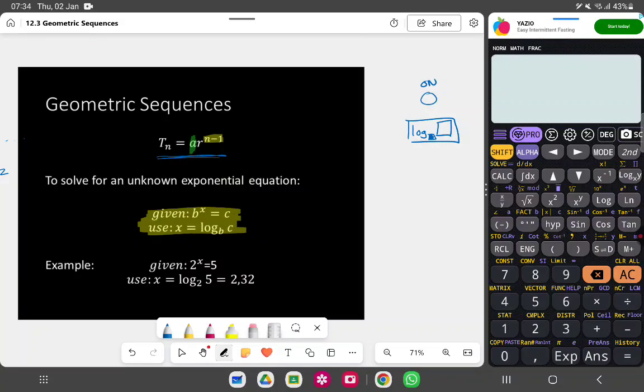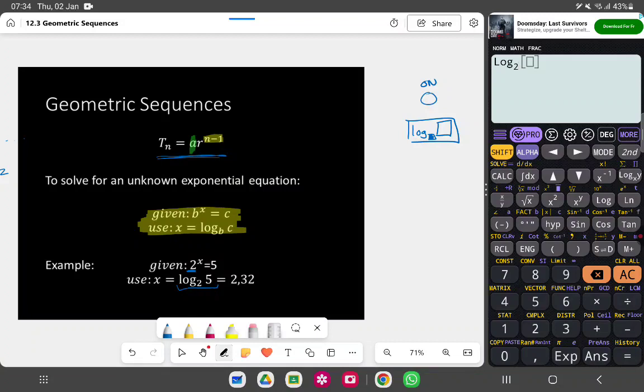So what are we going to do? We're going to type in this portion here. You're going to press that log xy button, and now you have 2 blanks and your cursor is blinking at the bottom. So at the bottom you're going to put the 2. Notice the 2 over here is the base that the x is the exponent of. So the number that the x is the exponent of goes at the bottom.